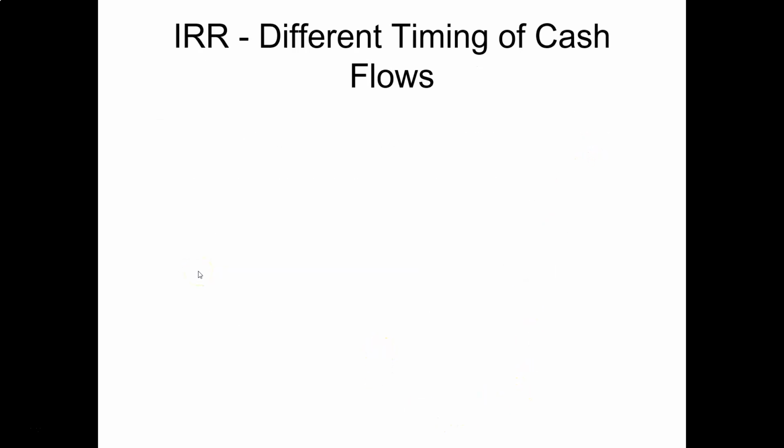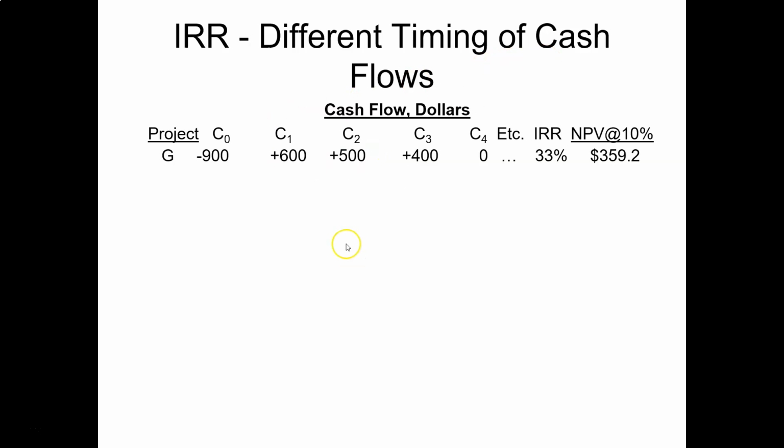Let's consider another scenario. In this scenario, we have investment projects of different time horizons. Project G has cash flows during year 0, year 1, year 2, and year 3.